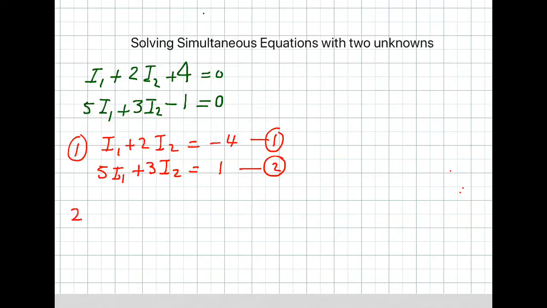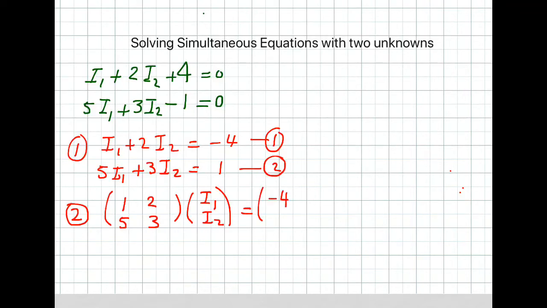And the second step, we write this equation in a matrix format. So we got 1, I1 and 2 I2, and 5 I1 and 3 I2, all equal to minus 4 and 1 here.